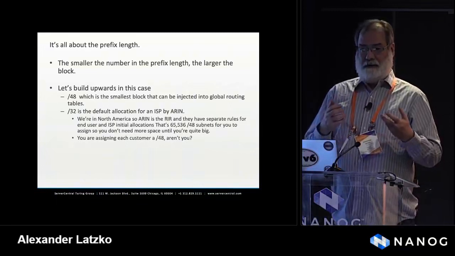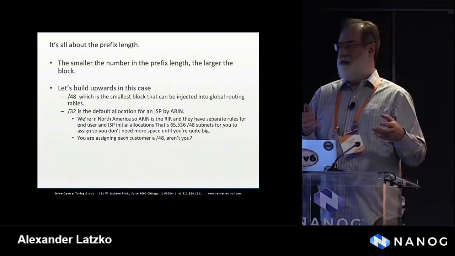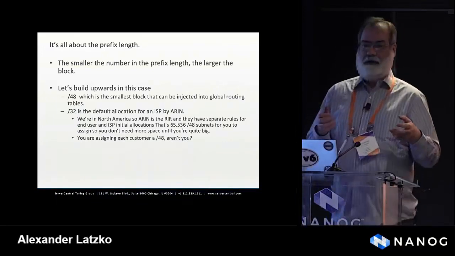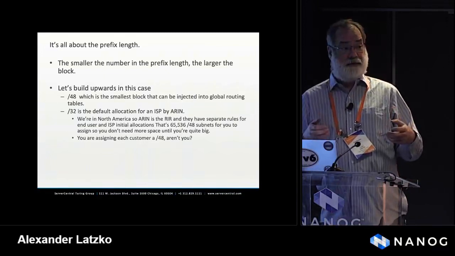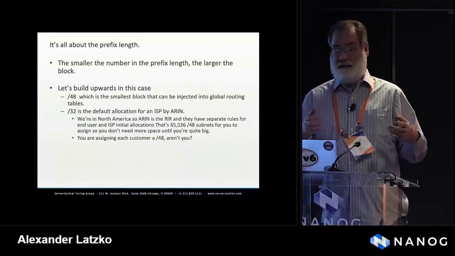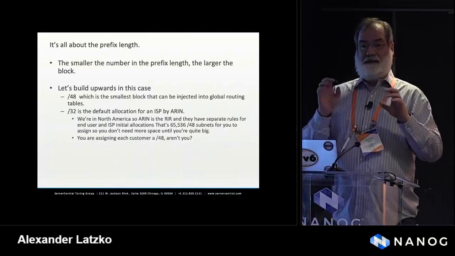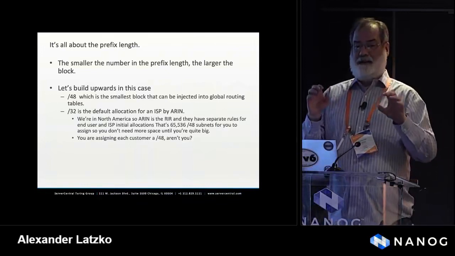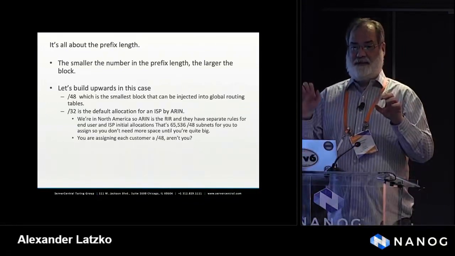How many people here aren't ISPs? That should be a smaller number. Okay, 2. Does everybody assign a /48 for every customer? Good. Think about the fact that a /48 is the amount of subnets that a /16 is of individual IPv4 addresses.